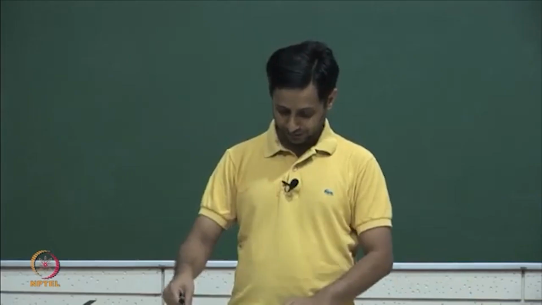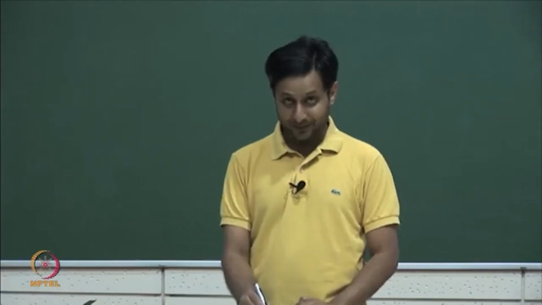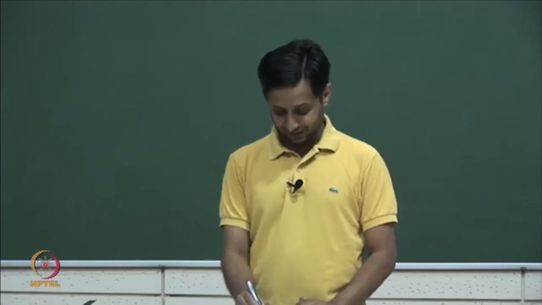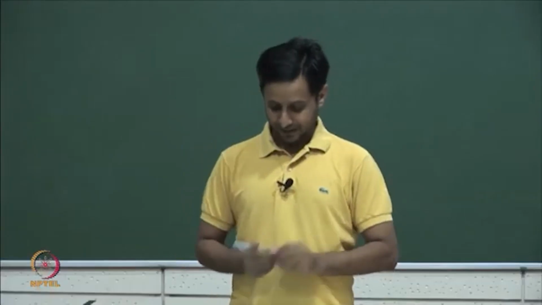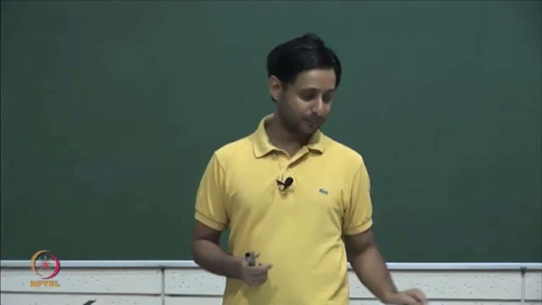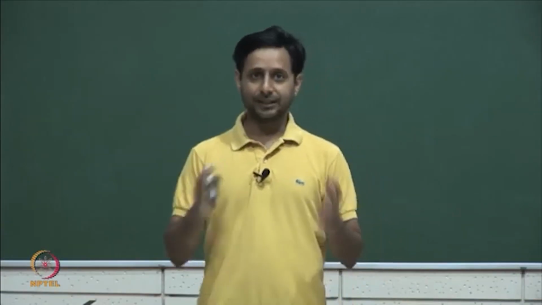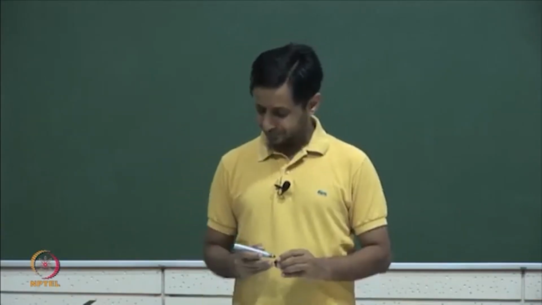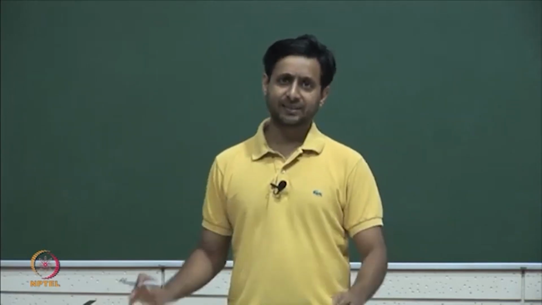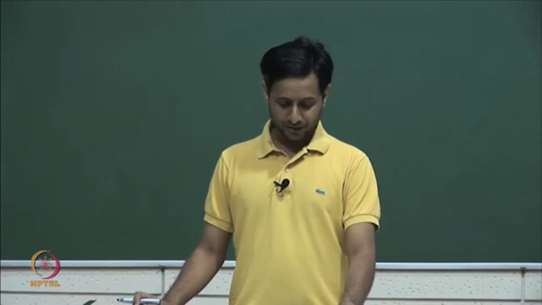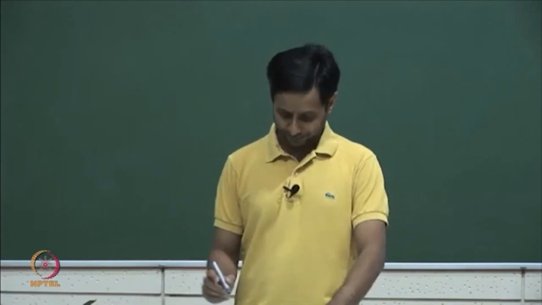So, let me actually modify the title: Differential cascode amplifier and two-stage amplifiers, because we have already done the single-ended cascode amplifiers once. And then yesterday in the last class we were working on this differential cascode amplifier.